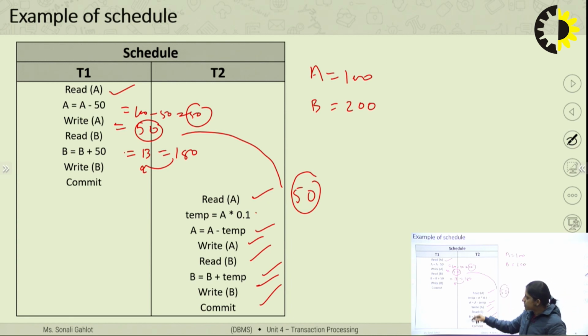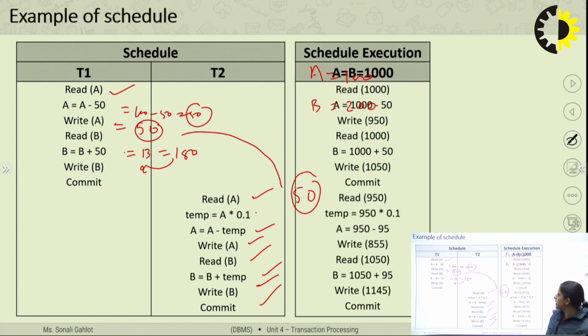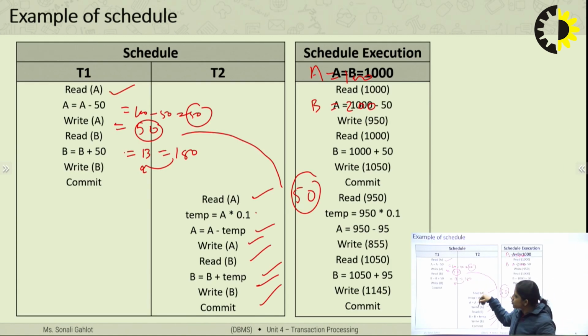In this scheduling, first I run the transaction T1. After that I execute T2. This is in a serial order. But if we merge these two transactions in this order, then it comes like this.